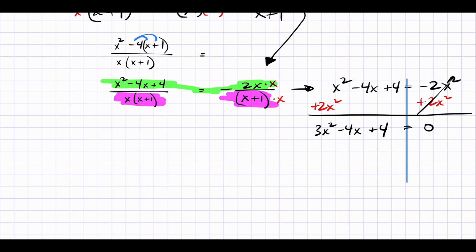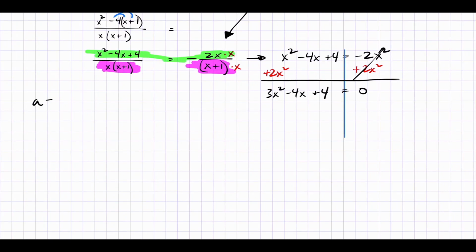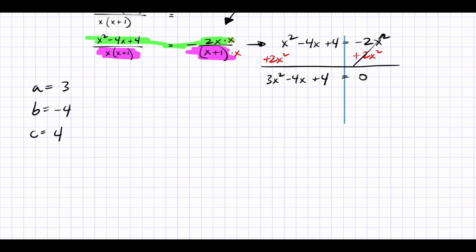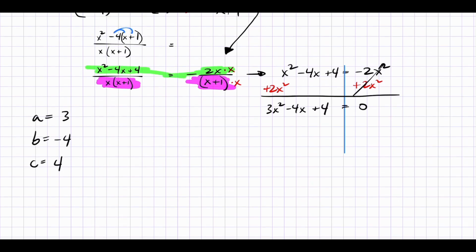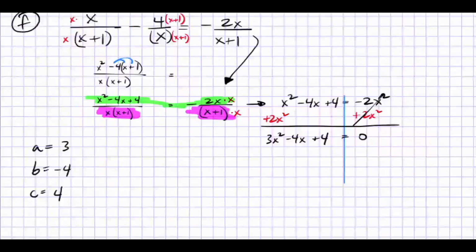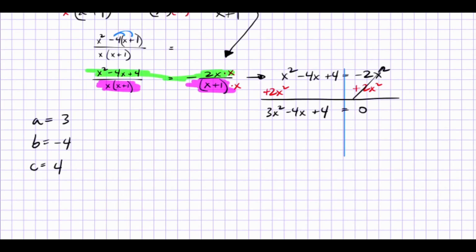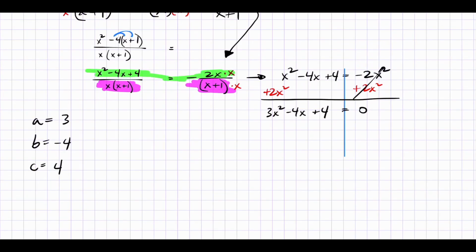Okay. Positive 4? That's not a positive 4. Which one's not a positive 4? Right there. X squared minus 4x plus 4.